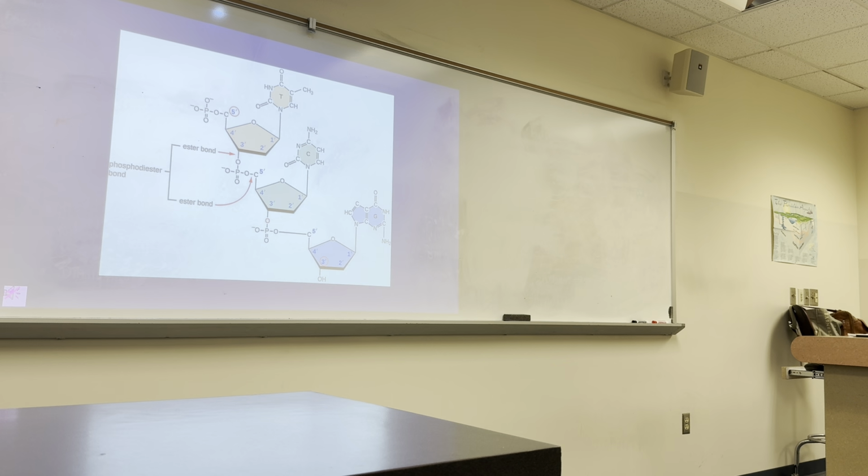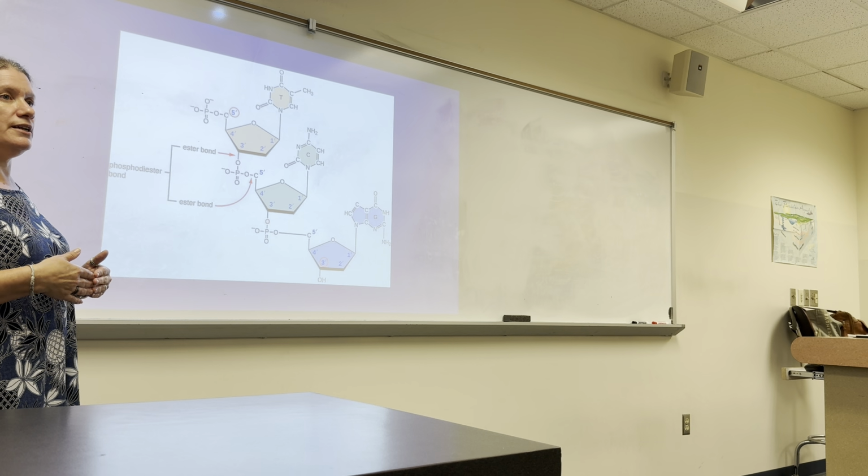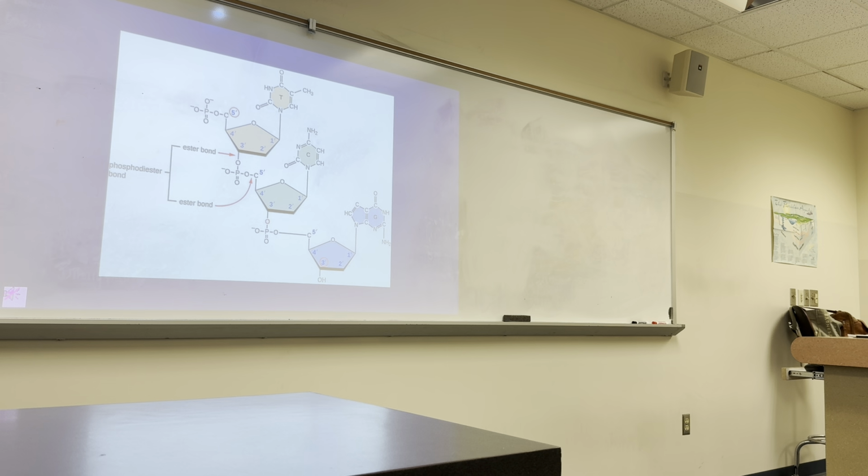It's always 5' to 3', whether we're talking about DNA replication, making a complementary strand to a template DNA, or transcription, making a complementary RNA strand to a DNA template, or even translation, when the ribosome reads a messenger RNA as a template to make protein. It is going 5' to 3'.